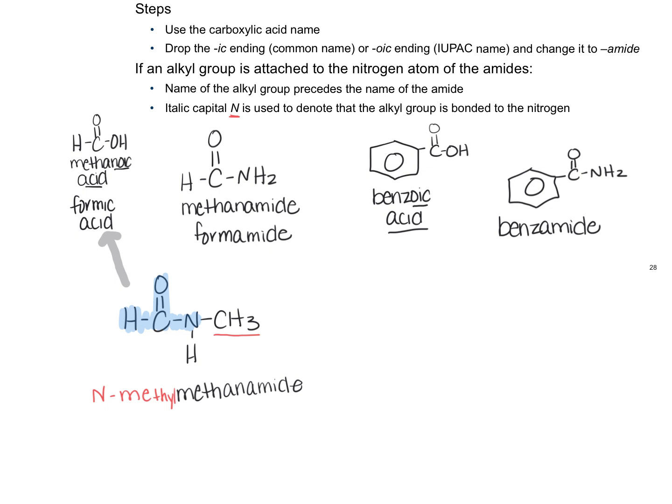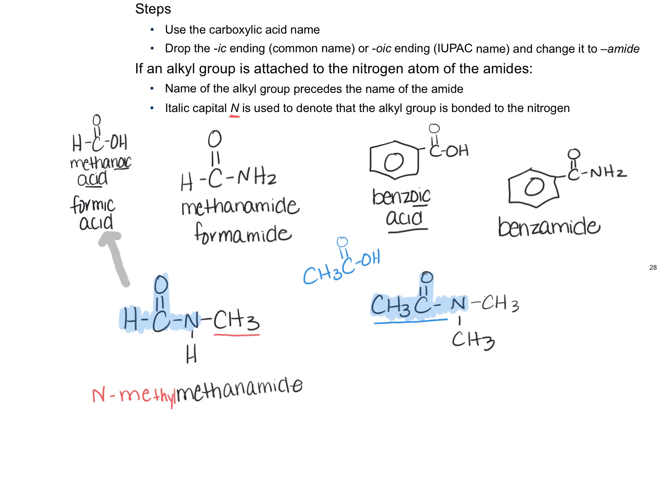methanamide. Sometimes you can have two groups that are off the nitrogen. And so I want us to look at this molecule. Again, it's really helpful to use colors to divide this up. Identify where your carbonyl is, and then go to your nitrogen and stop, and then look here. This part here is derived from a carboxylic acid, and that carboxylic acid would be CH3 C double bond O OH.